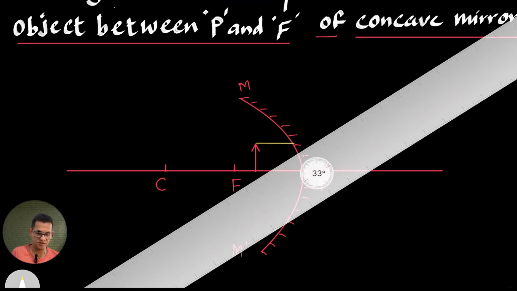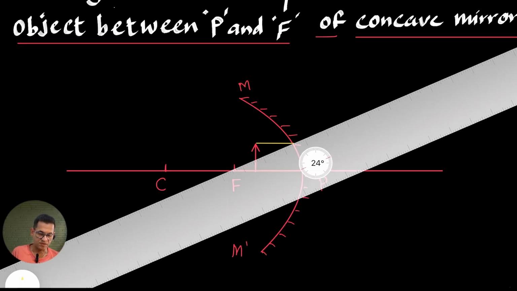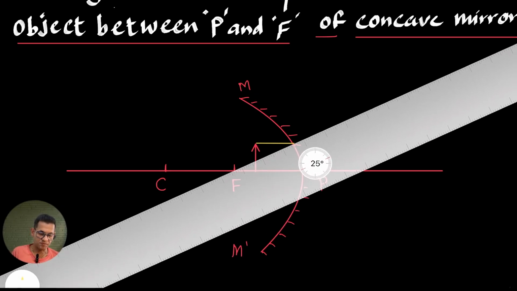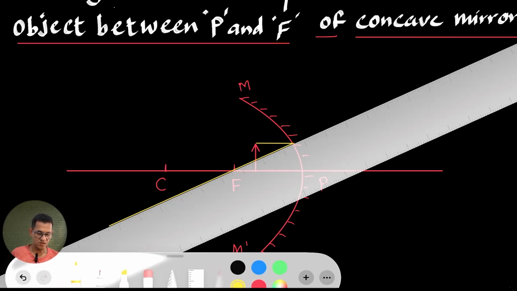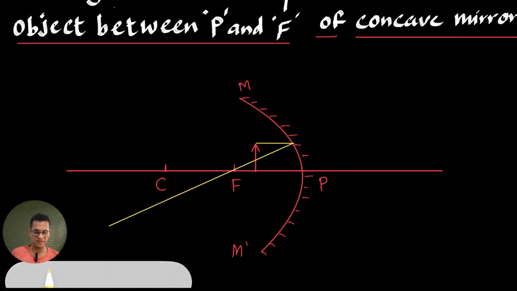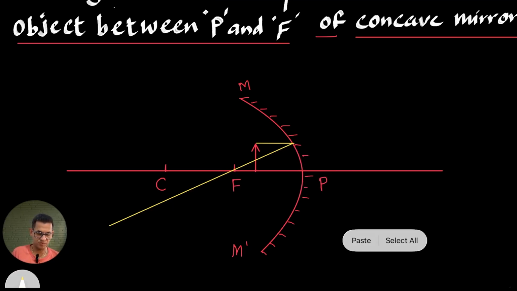Once it hits the mirror, as we have done last time, we simply pass it through the focus. So we get a light ray something like this. Let me show the arrows.